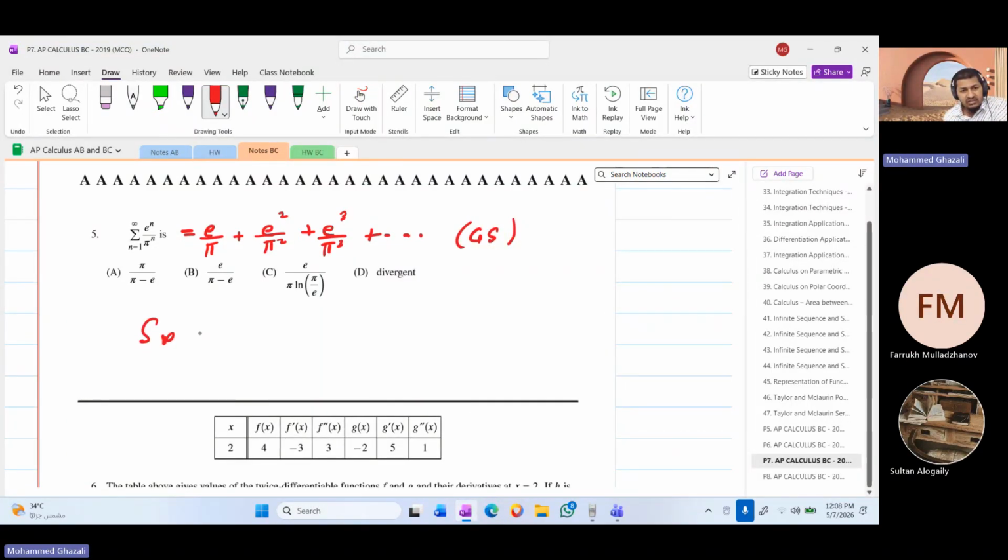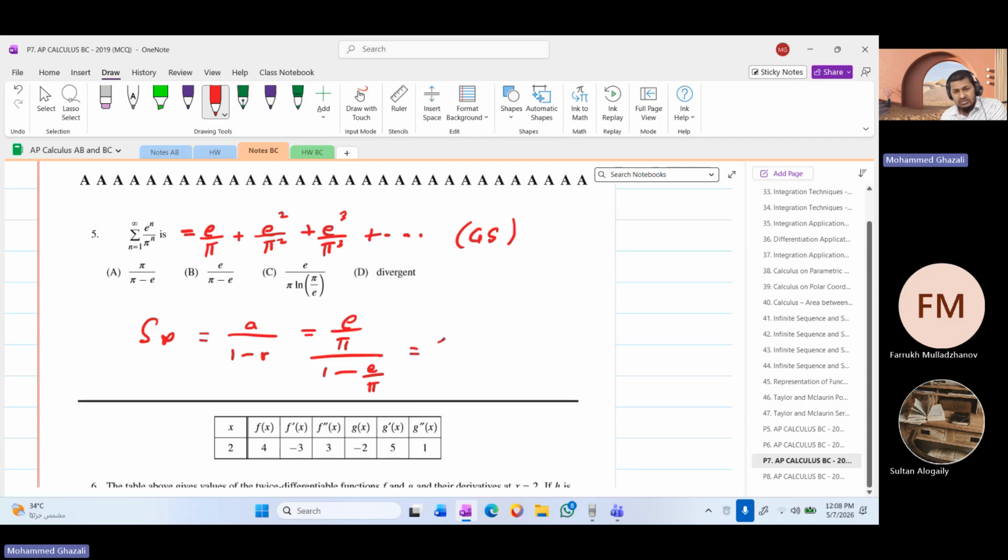Sum to infinity is equal to a over 1 minus r. What's the value of a? e over pi, divided by 1 minus the common ratio. e times e is e squared, pi times pi is pi squared, or you can take e squared over pi squared divided by e over pi, and you'll get e over pi.